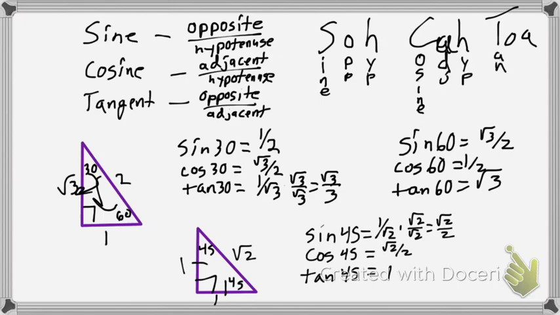And the tangent is equal to the opposite over the adjacent. So if you forget which is which, remember SOH-CAH-TOA, and that will help you remember what sine is. So, S-O-H, sine is opposite over hypotenuse.